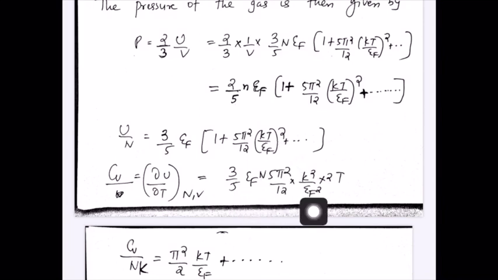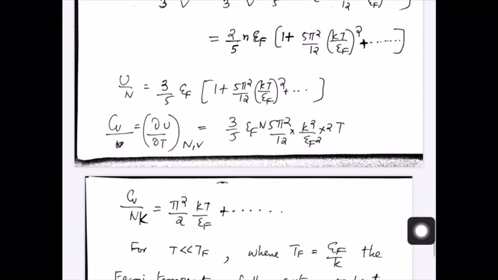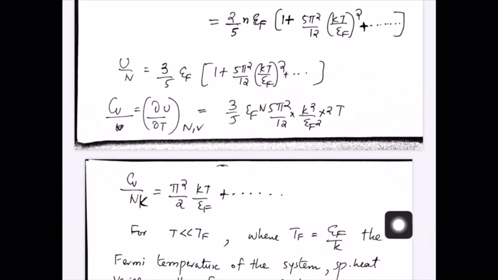So when you differentiate, you will have k square by 2T. Okay, so after cancelling the same terms in the numerator and denominator, we have this equation. CV by Nk is equal to pi square by 2 kT by epsilon f, like that.